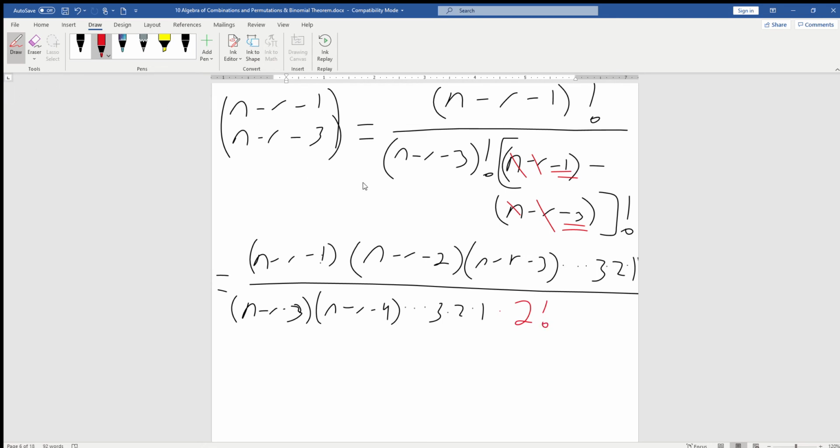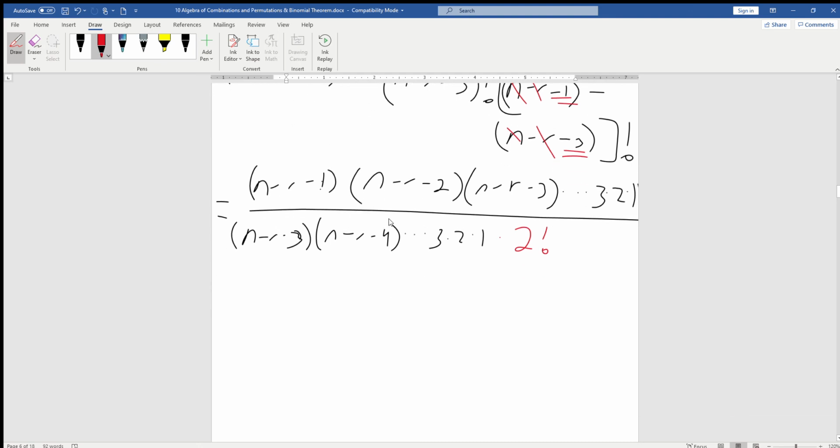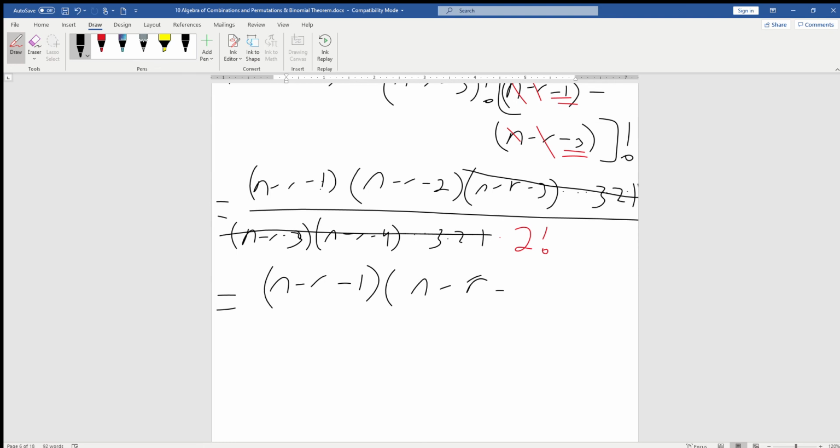Similar to the previous problem, notice that everything's going to cancel out from the numerator except for the first 2 factors. So n minus r minus 3 all the way down to 3, 2, 1, that's all going to go away. So now we're left with n minus r minus 1 times n minus r minus 2, all divided by 2 factorial.